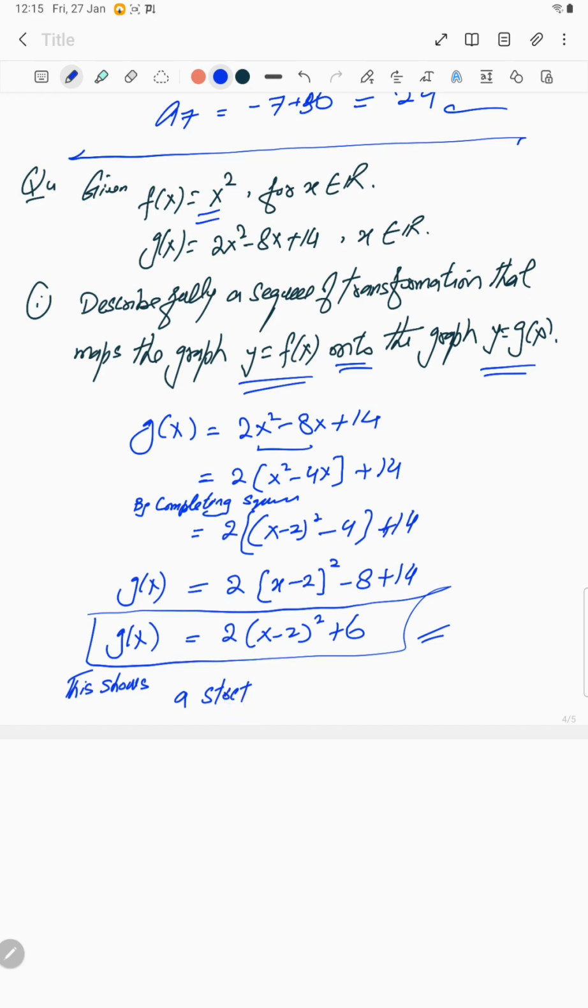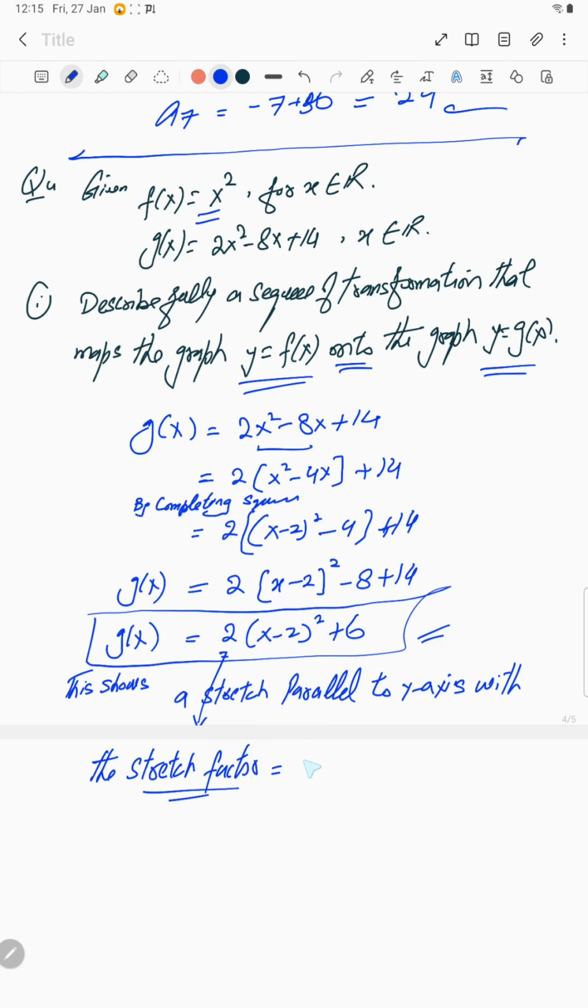First thing, that is parallel to the y-axis, and with the stretch factor, what is the stretch factor? Here you can see that it is 2.